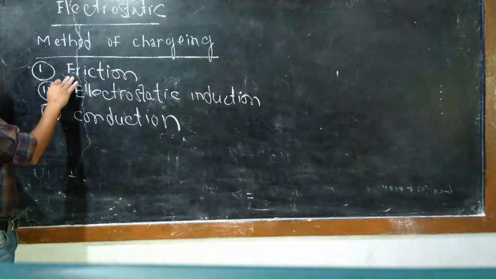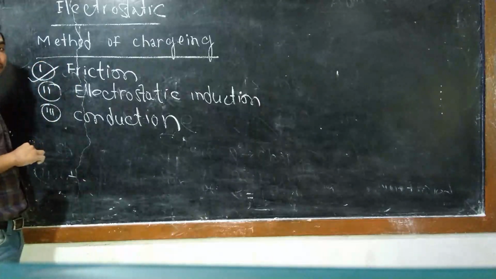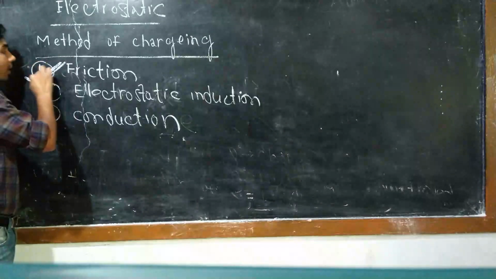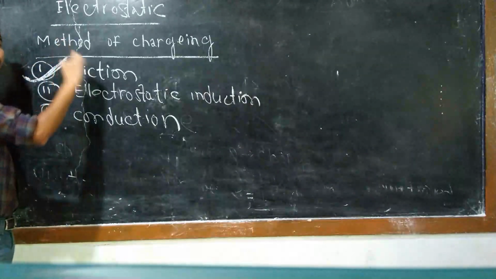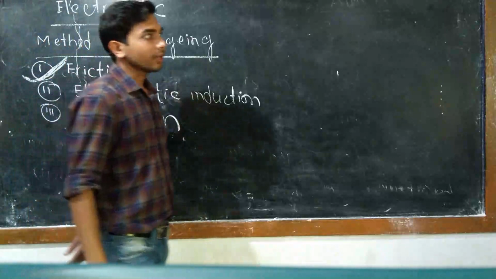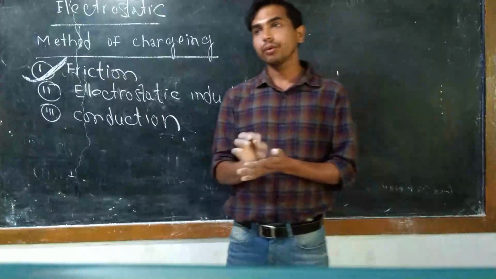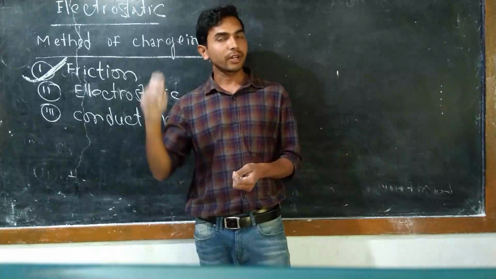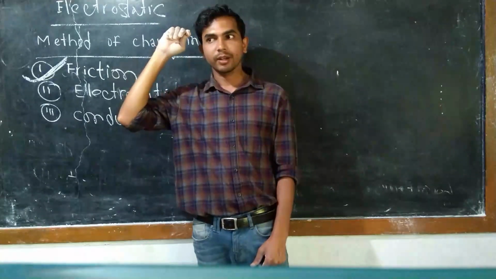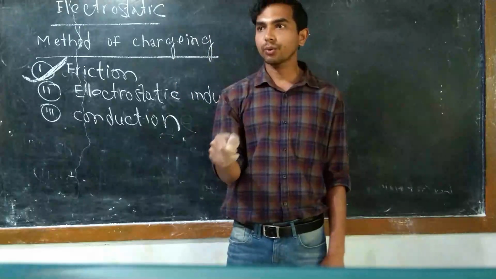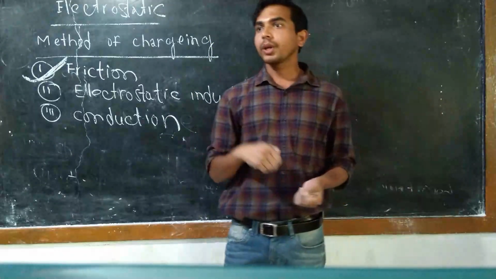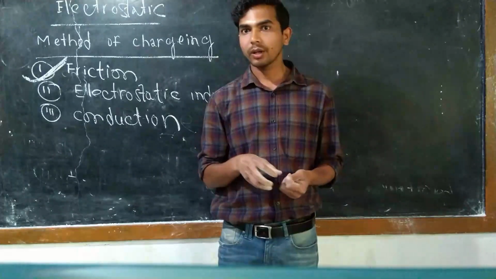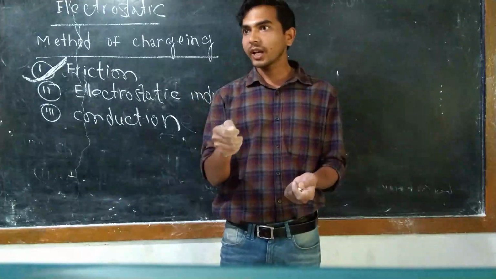First one is friction. How can we charge a body by friction? Have you ever felt that when you rub your comb in your hair and bring it near a piece of paper, the comb starts attracting the paper?